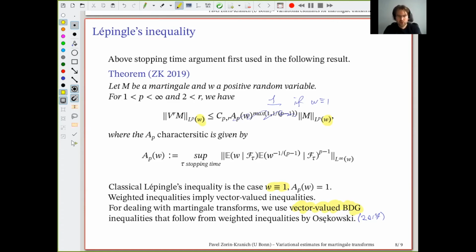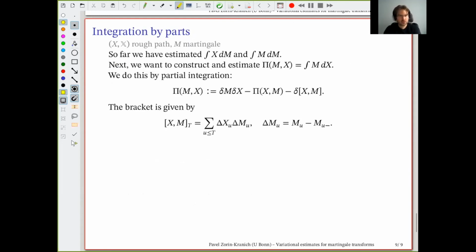Okay, now I was talking a bit about vector valued inequalities, and I want to actually illustrate how they're used, but I will not do this on the sophisticated problem of Itô integration, but rather on a simpler problem where we look at some square bracket.